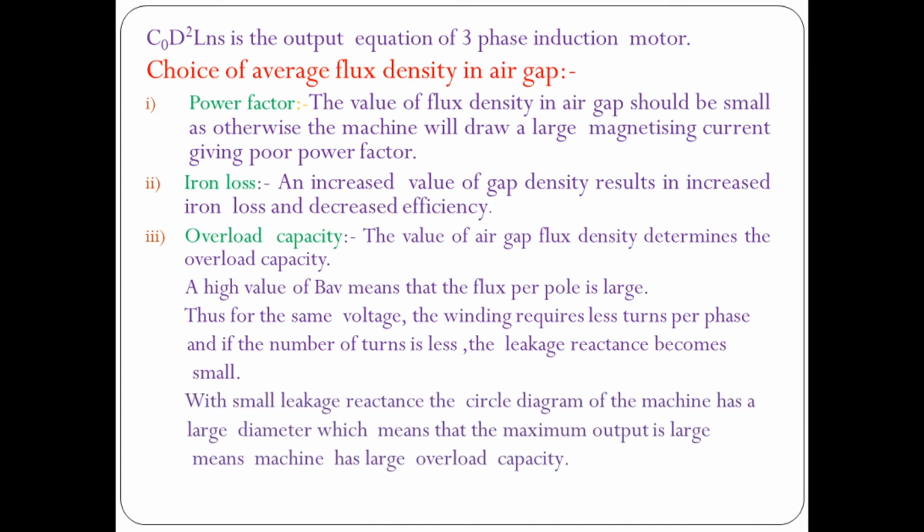With the small leakage reactance, the circle diagram of the machine has a large diameter. The performance of induction motor is drawn through the circle diagram that we have learned in the induction motor and transformer chapter in the previous semesters.